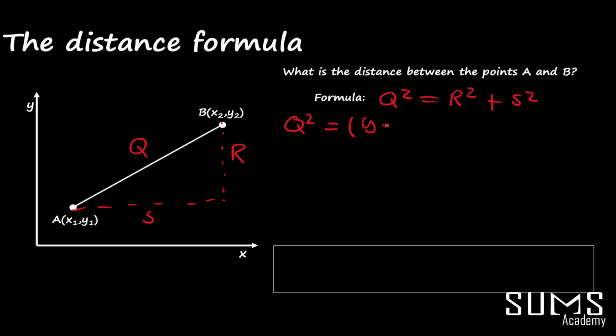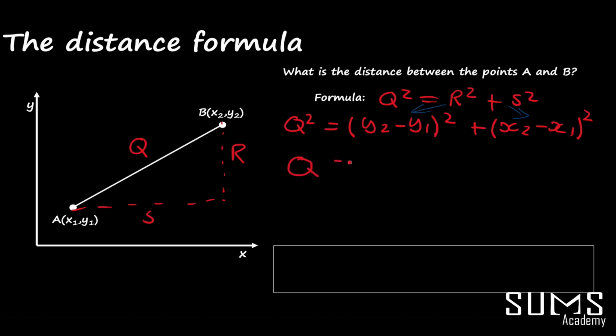So y2 minus y1 squared, plus x2 minus x1 all squared, where that is R, and that is S. And then we can simplify this down again.